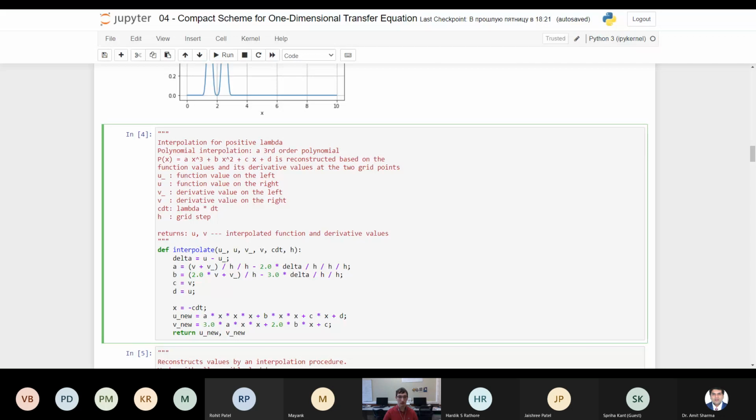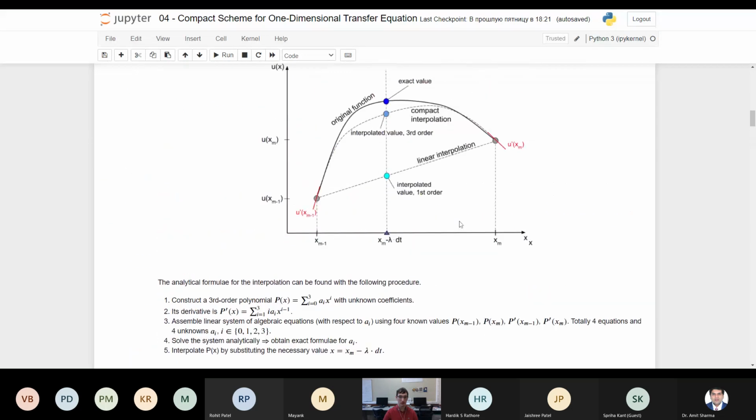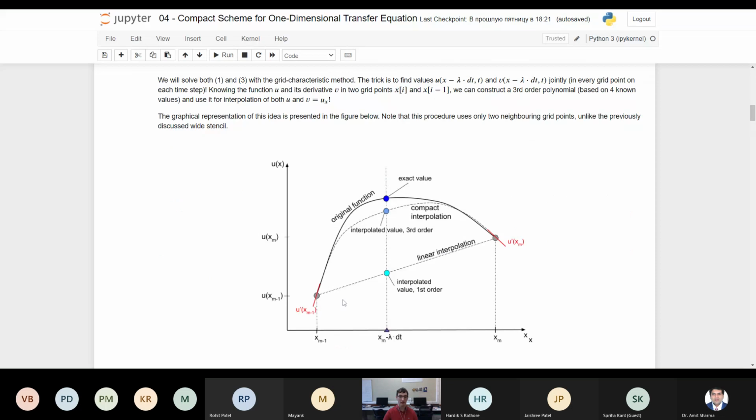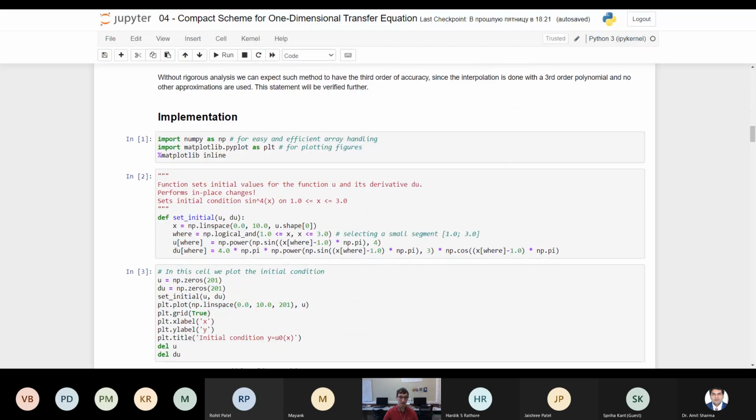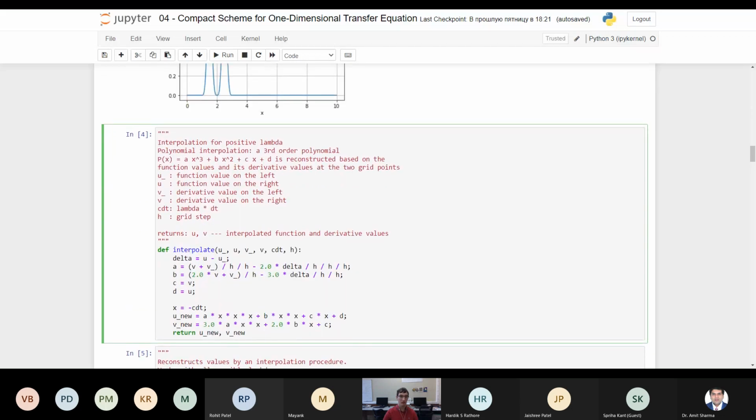It returns 2 real numbers interpolated in the point inside. So this function takes values in these points, here and here, and returns this interpolated value. We can see the implementation of the function.